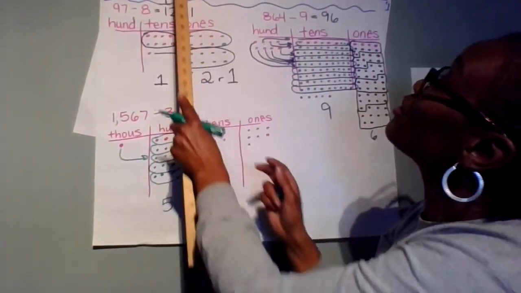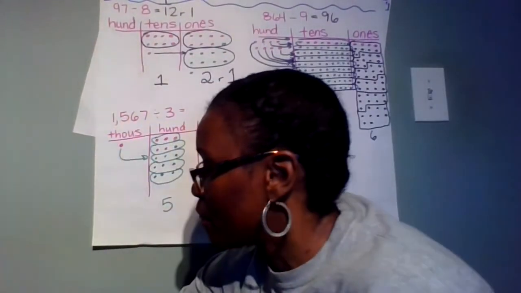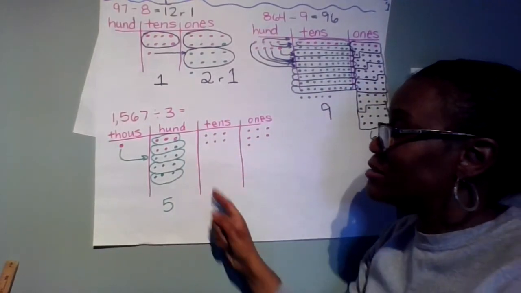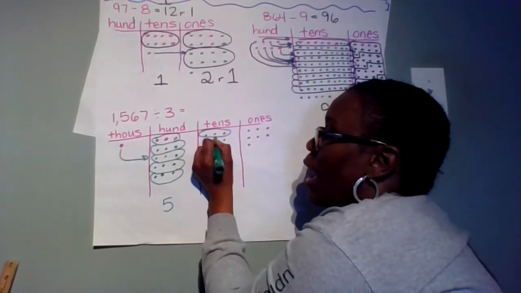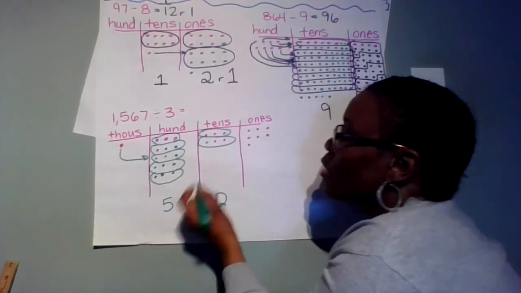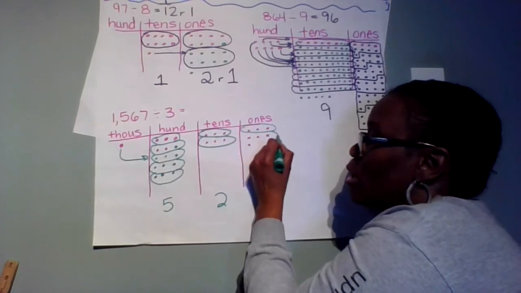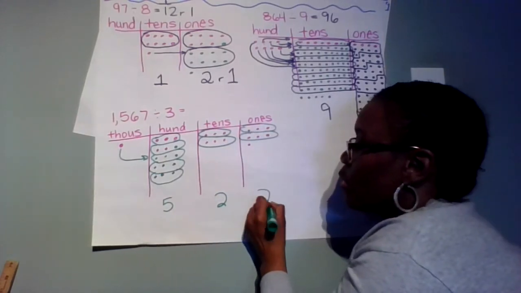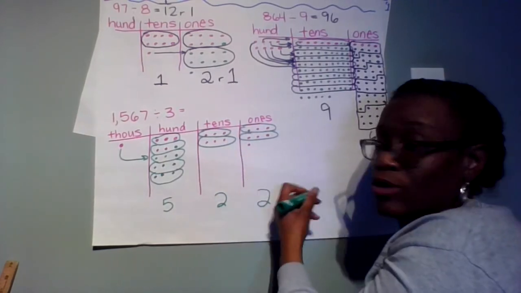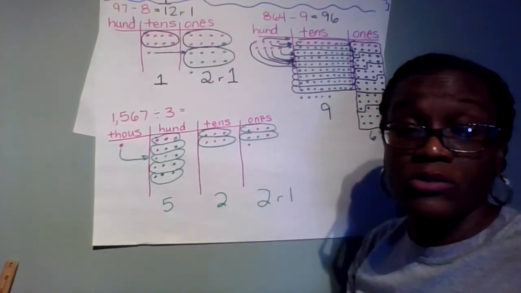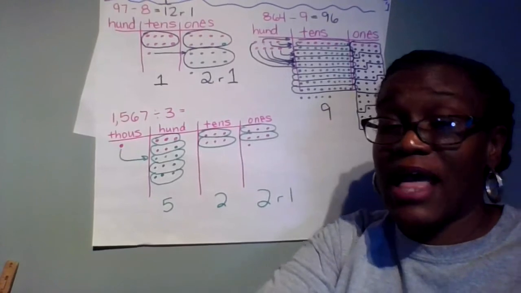Have to keep it up. So now I need groups of 3 in my tens column. I have 2. How many groups of 3 do I have in my ones column? I have 2. And I have one little remainder left there.